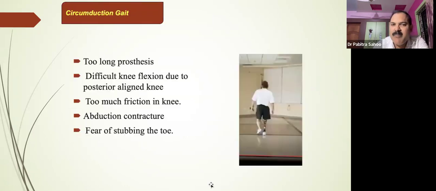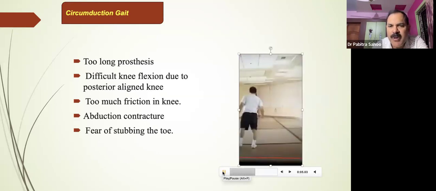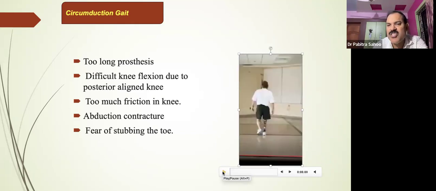Circumduction gait, the same as we see in hemiplegics, because of inadequate knee flexion, the limb appears apparently longer because of the lack of knee flexion. So with a too long prosthesis, the patient will try to clear the ground by circumduction. Other causes: difficult knee flexion due to posterior alignment of the knee joint, too much friction in the knee joint, meaning inadequate flexion in the swing phase because of friction, and any abduction contracture, where the patient swings the limb in an abducted way to bring it to the front.